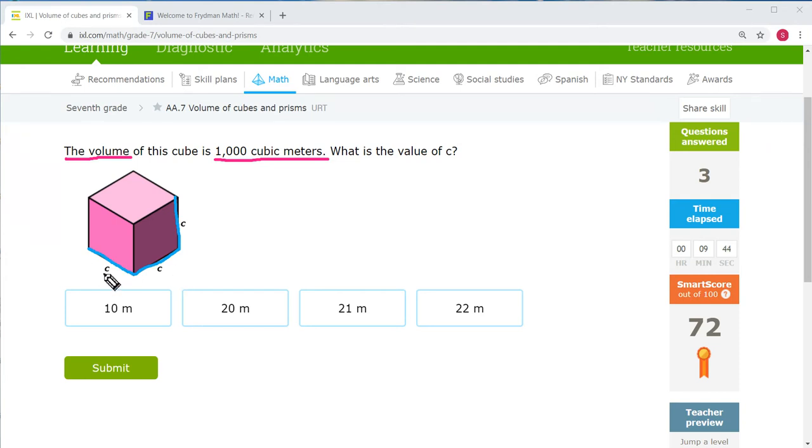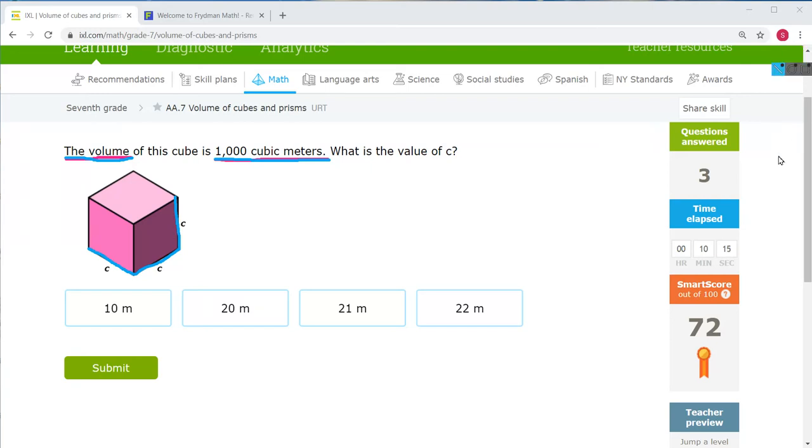Although we do know that they're all the same. This is C, this is also C, and this is also C. So we at least know that this is a cube, so all edges are the same length, but we don't know what that length is. We do know, however, that the volume is 1,000 cubic meters. So what is the value of C?